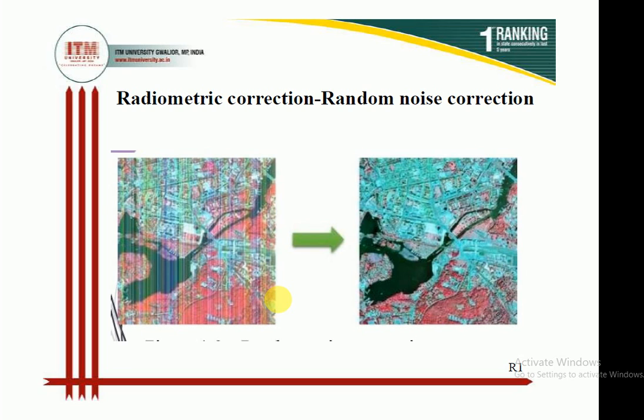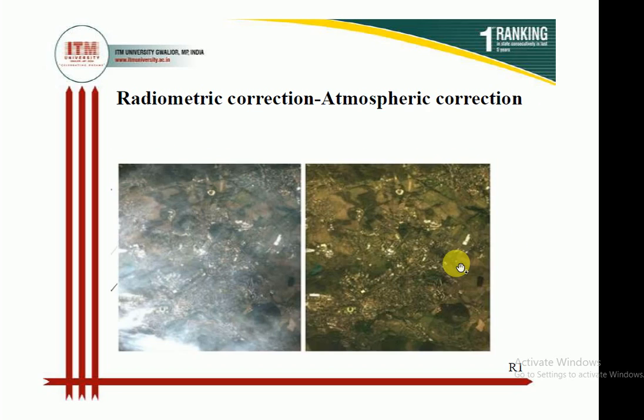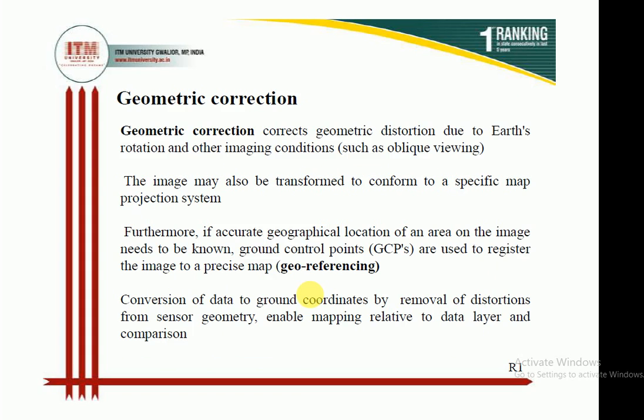Here is an example of a picture which depicts the random noise correction. The random noise is corrected, and the sharpness or image clarity is improved. Here in this picture, the atmospheric error is corrected and the quality of the image is improved.